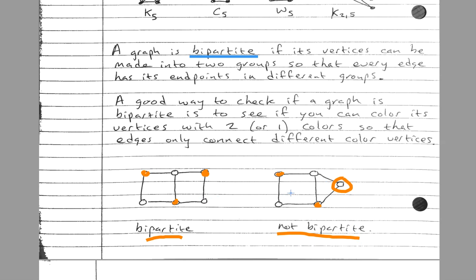Okay, so you see the difference. So if I leave this white, then I've got an edge connecting 2 whites. Or if I color it orange, I have an edge connecting 2 oranges. So there's no way to color this just with 2 colors so that every edge connects different colors.